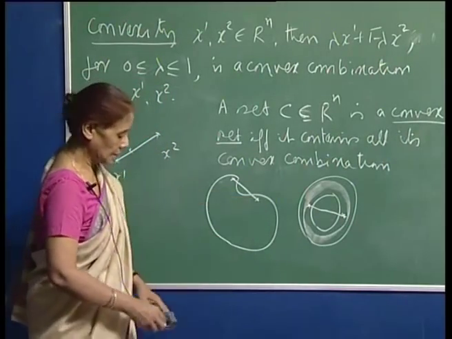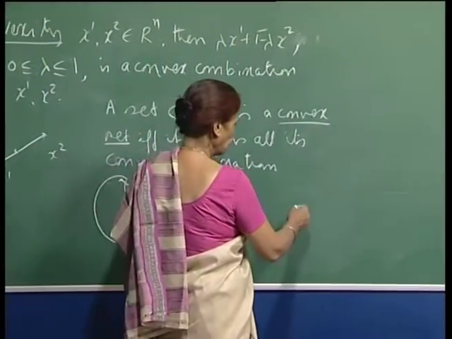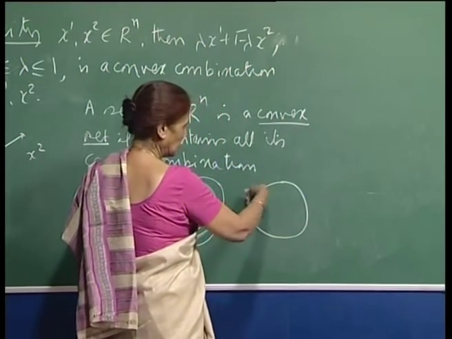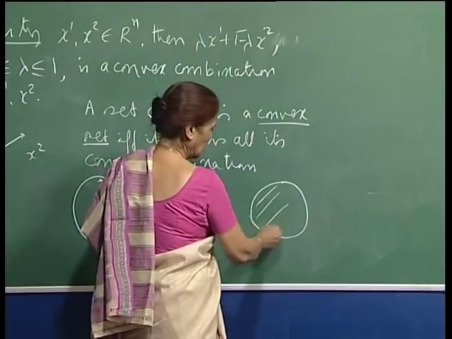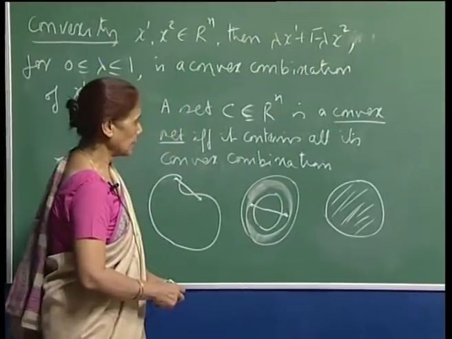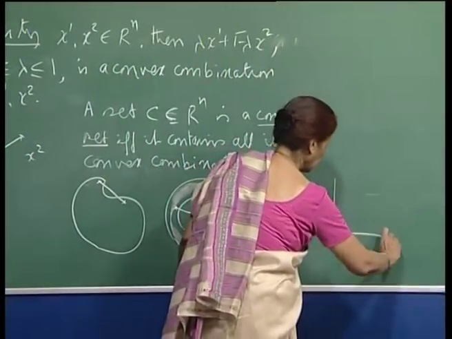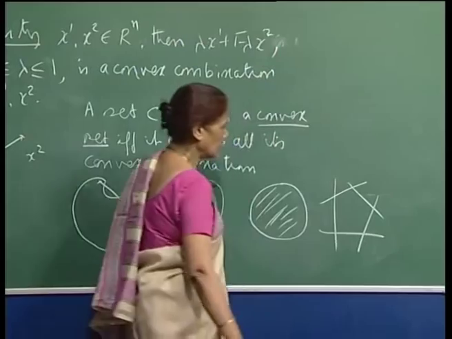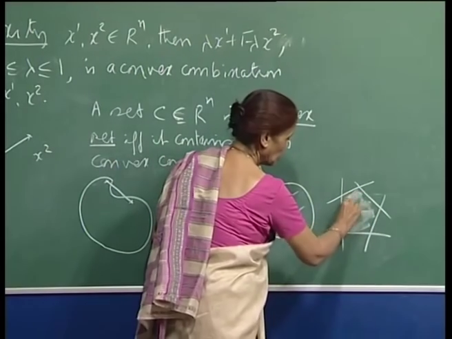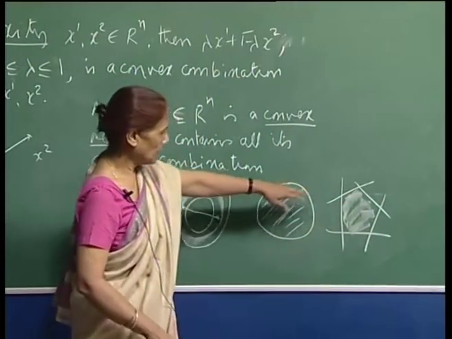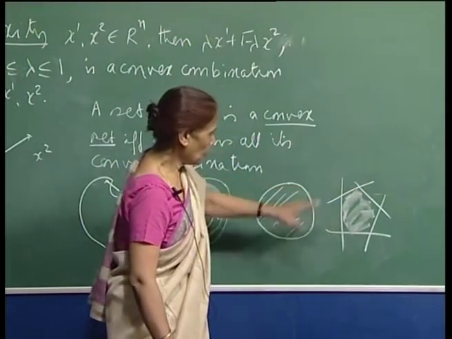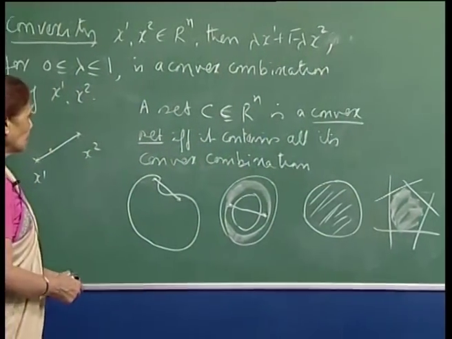So this is not a convex set. That means a convex set has to be without any holes or indentations. So a circle, that means the inside of the circle including the boundary, is a convex set. If you take this set, because it is enclosed by straight lines, there are no holes, and I take any 2 points in the set, the join will be in the set. So this is the idea of a convex set.